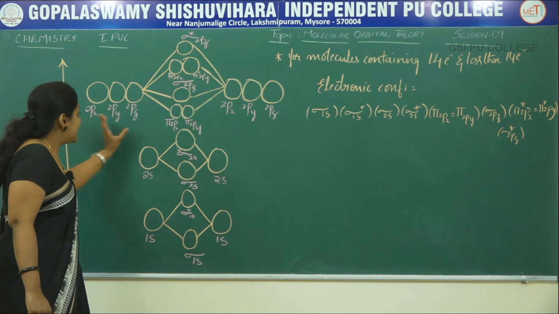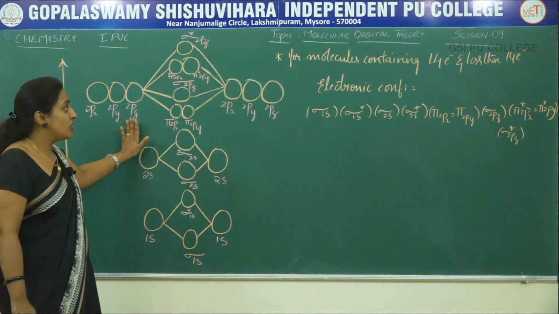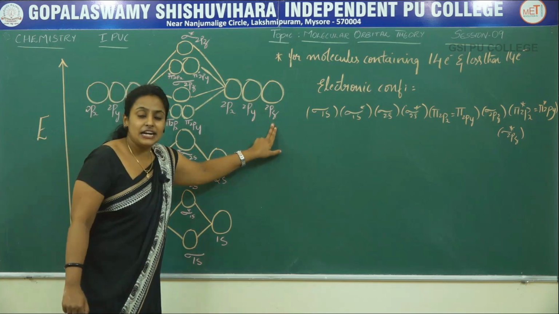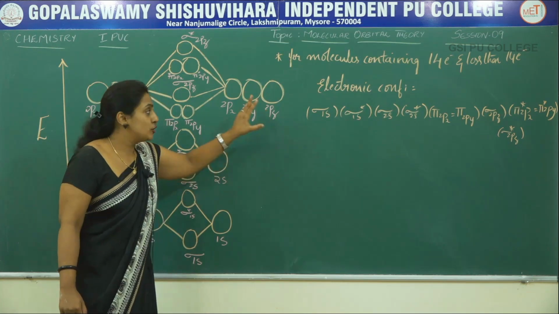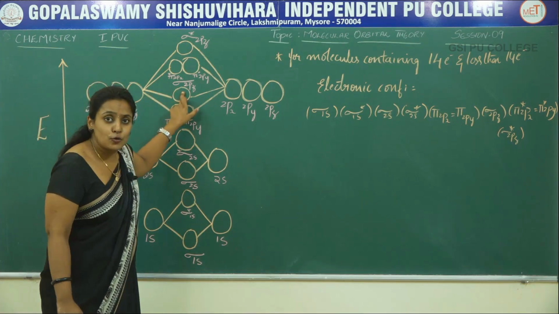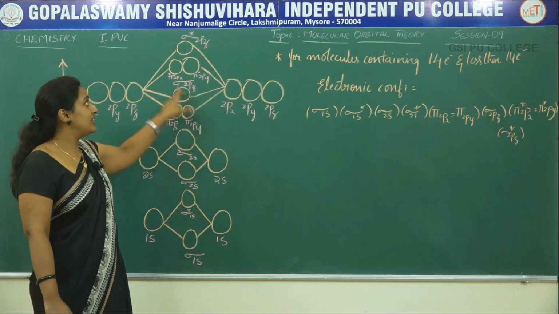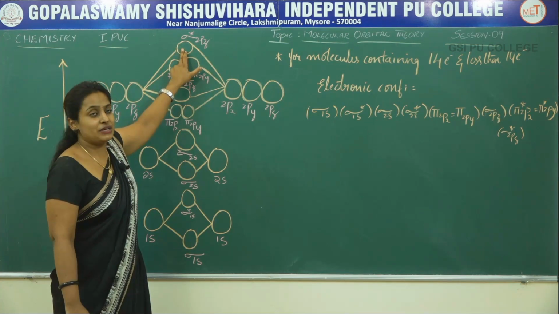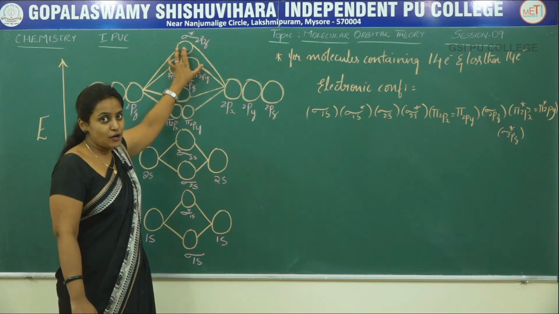Secondly, the pz atomic orbital of one atom will overlap with the pz atomic orbital of the other atom to give two molecular orbitals, that is sigma 2pz bonding molecular orbital and sigma star 2pz anti-bonding molecular orbital.